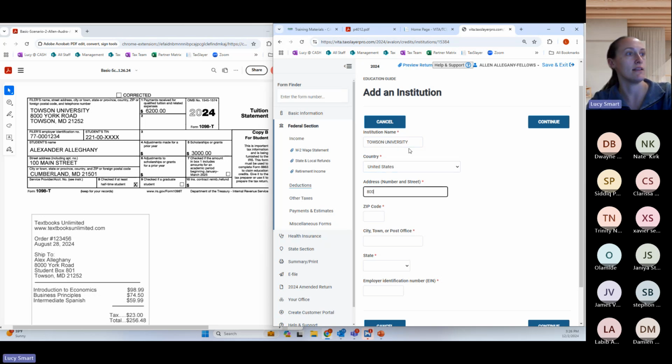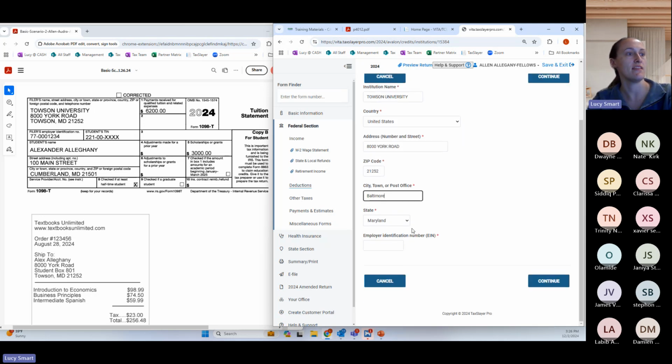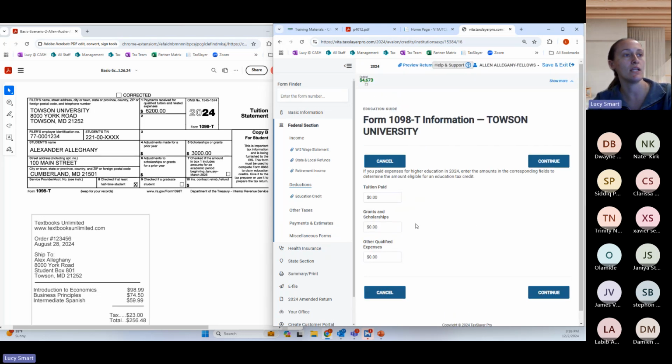Towson University, 8000 York Road, zip code 21252. And then the employer identification number for the university. That's right here. Filer's employer identification number, 7700001234. We click continue.